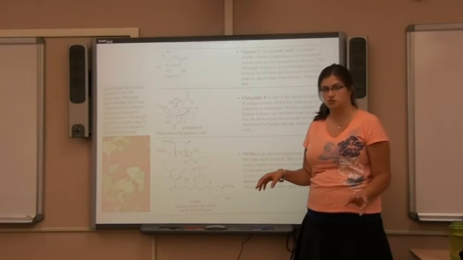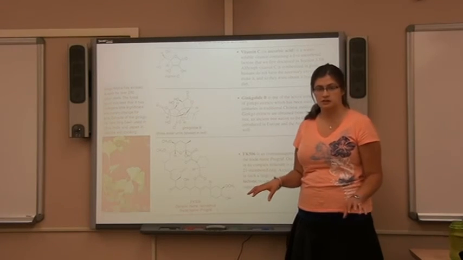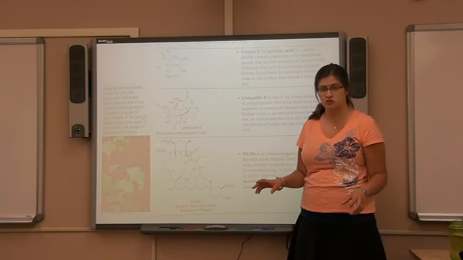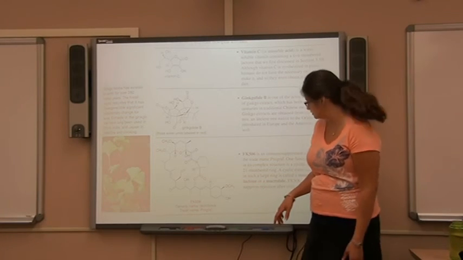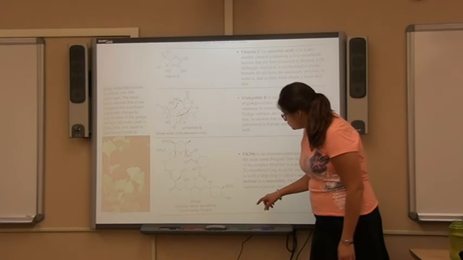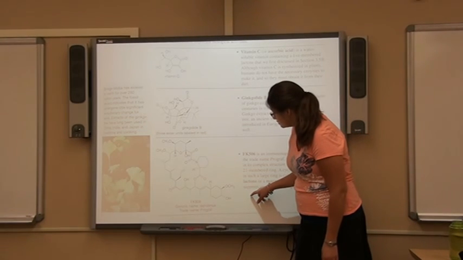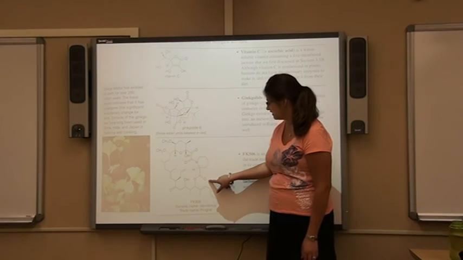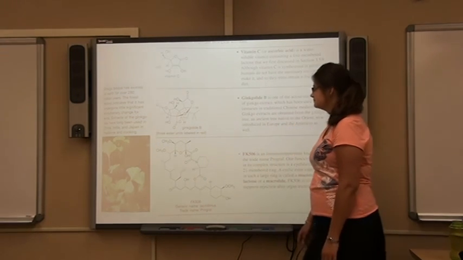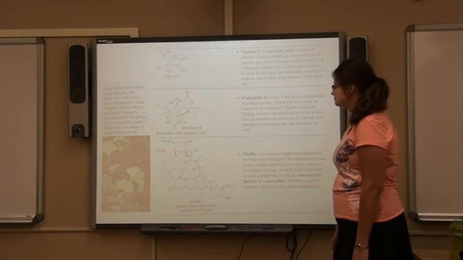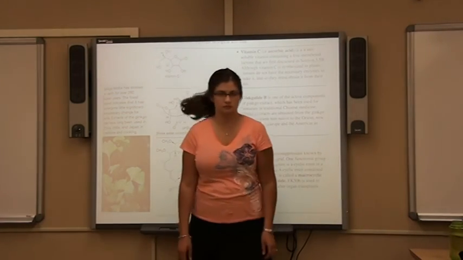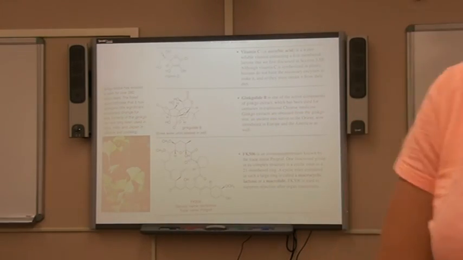Remember what I said about drugs being useful in the body because they have so many functional groups? There are lots of reaction sites. If you look, you can find the ester right here. That's all we have for esters.